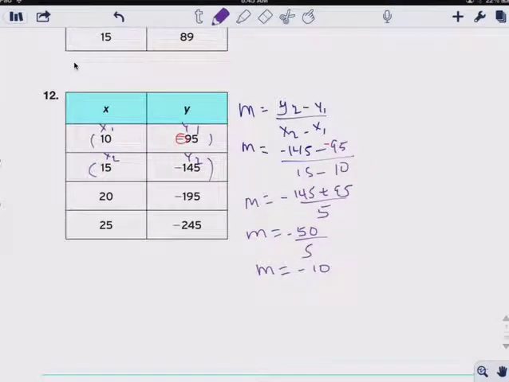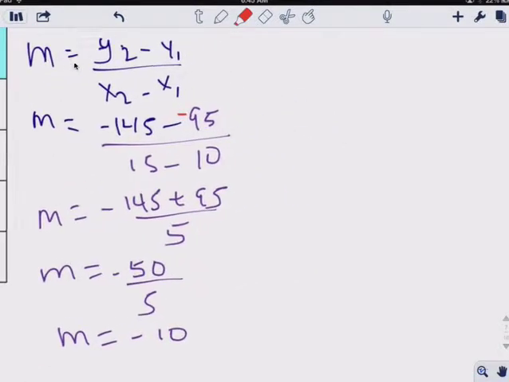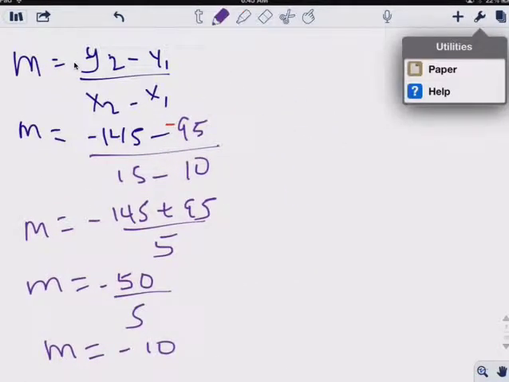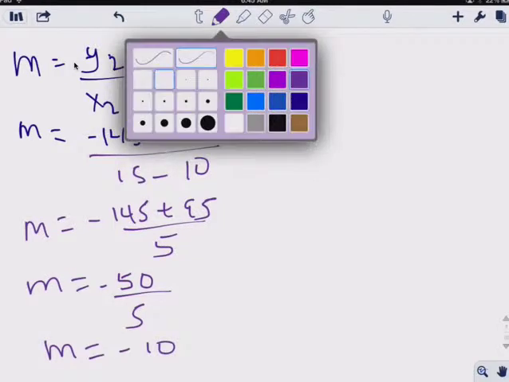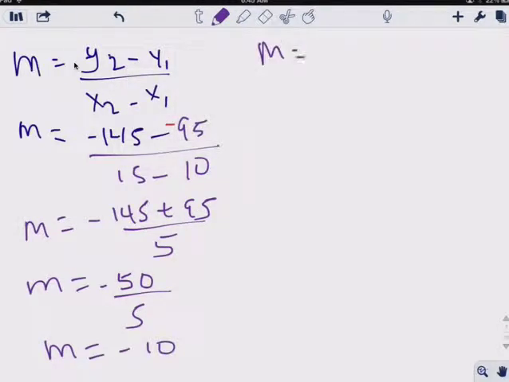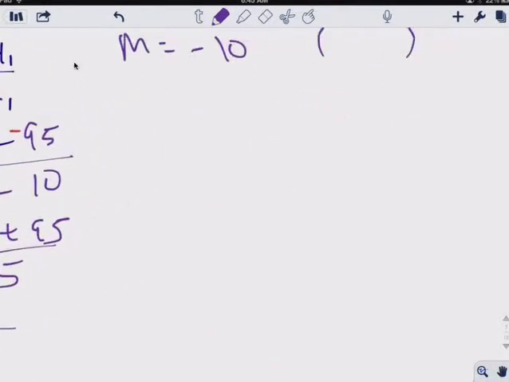Okay, I'm just going to choose the first number because all of them look evil. They're huge numbers. m equals negative 10, and I'm choosing the first one, which is 10, negative 95.